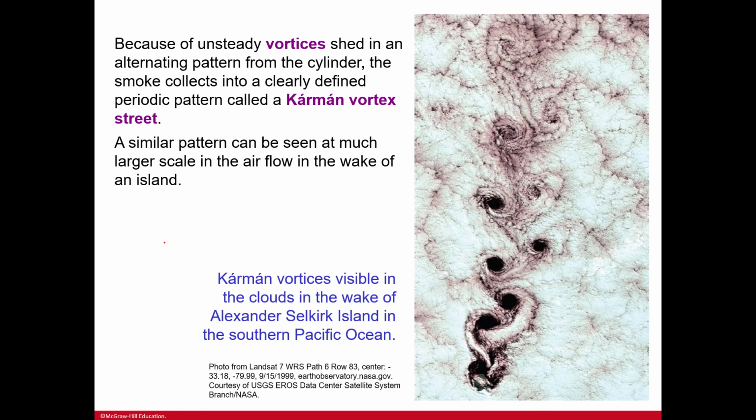Because of the unsteady vortices shed in an alternating pattern off the cylinder, remember we talked about this alternating pattern, the smoke collects into clearly defined periodic patterns called Kármán vortex streets. A similar pattern can be seen at a much larger scale in the airflow in the wake of an island. Okay, so it's just the Kármán vortices when we see these alternating.